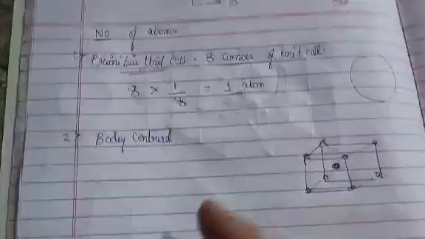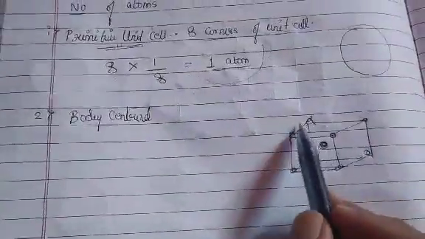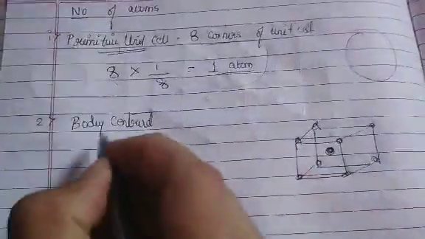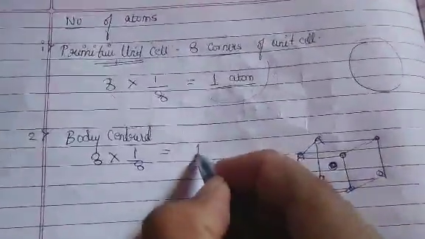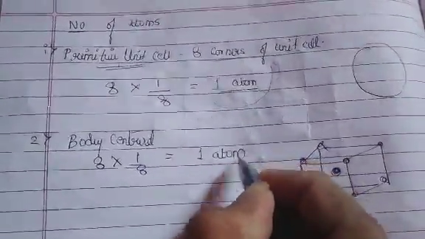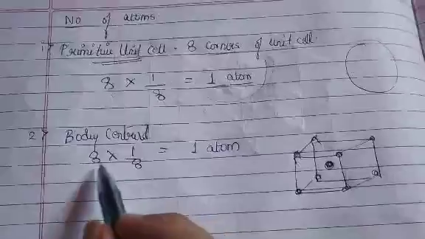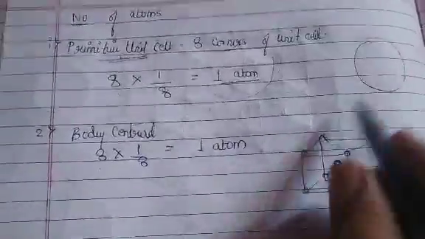We know that in a unit cell, if the atoms are at the corners, they constitute 8 into 1/8, that is equal to 1 atom, because the corner atoms are in turn attached to the 8 other unit cells.